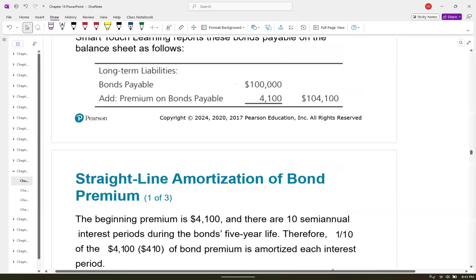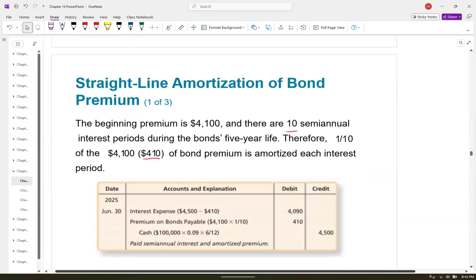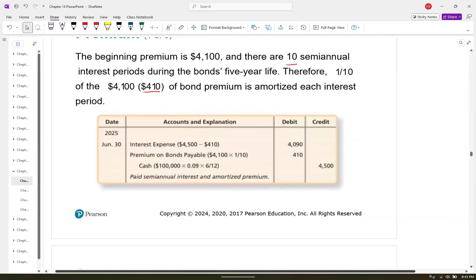Okay. All right, so the beginning premium of 4,100 is going to be divided by the 10 semi-annual interest periods. So every 6 months, we are going to amortize $410 over the life of that bond. Okay. Try to remember, I know this can get really confusing.